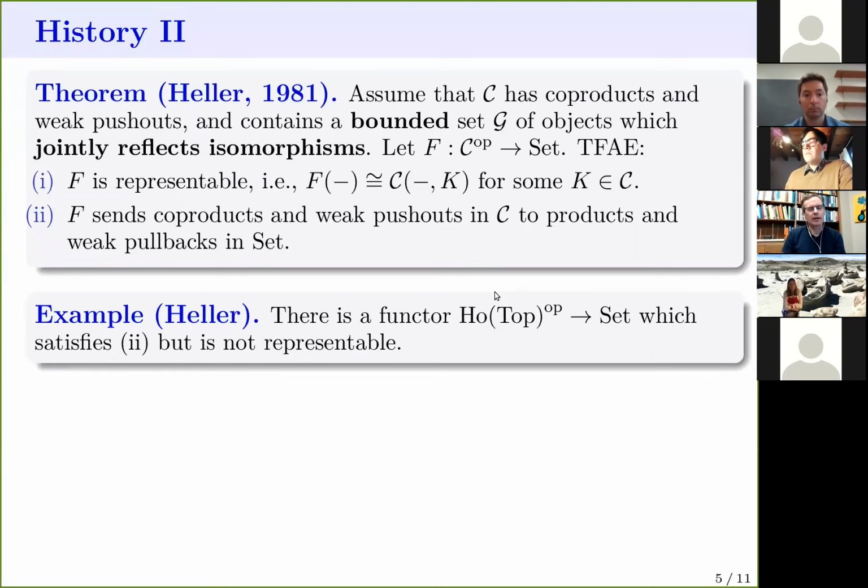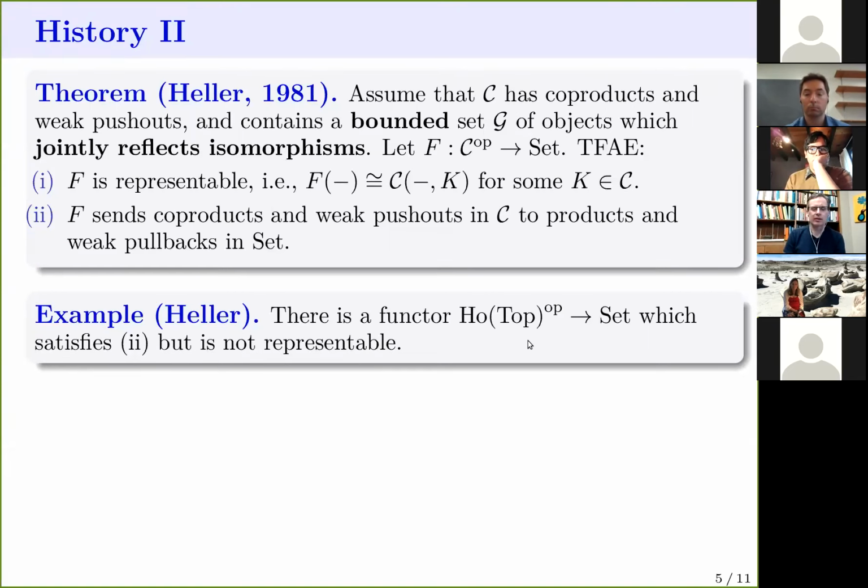Okay, then in the same paper where he has that theorem, he writes down a particular contravariant functor on the homotopy category of spaces that satisfies condition 2, this exactness property, but is not representable. What this functor does is it sends a connected space to the set of normal subgroups of its fundamental group. That doesn't need a base point to be well defined, because if you change base point, you change the group up to conjugation.